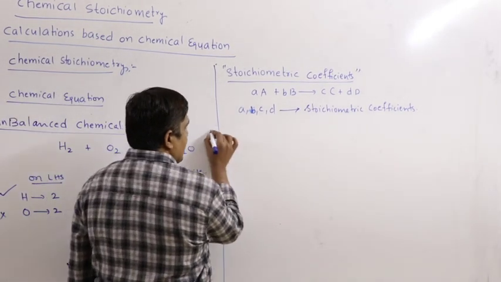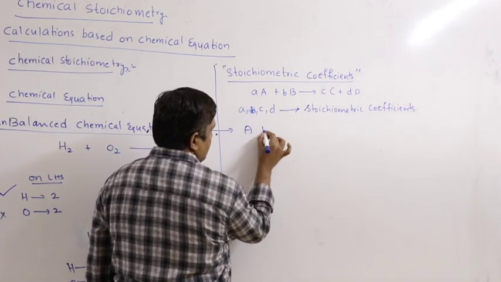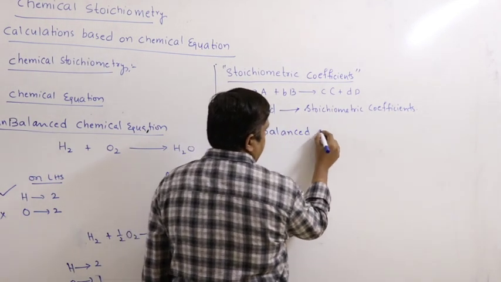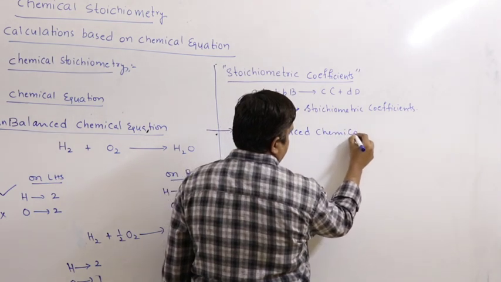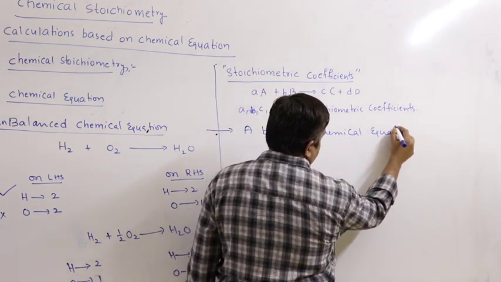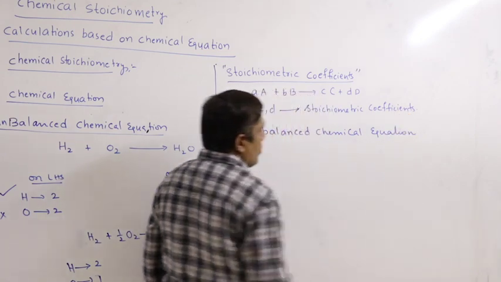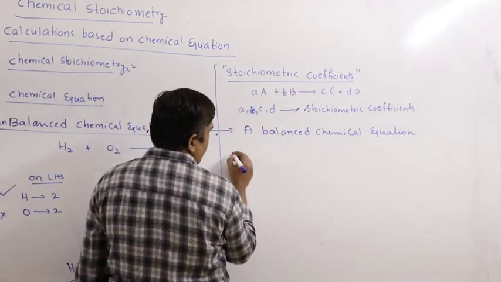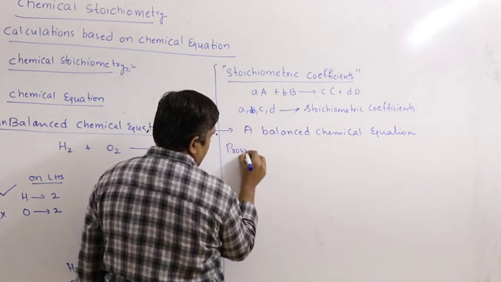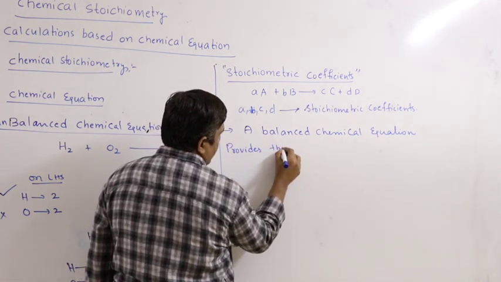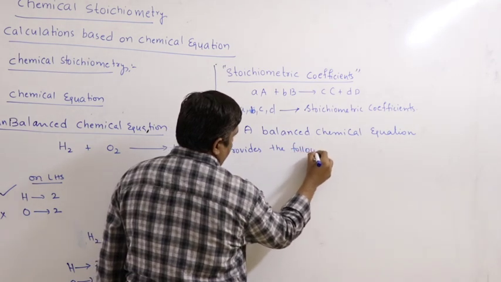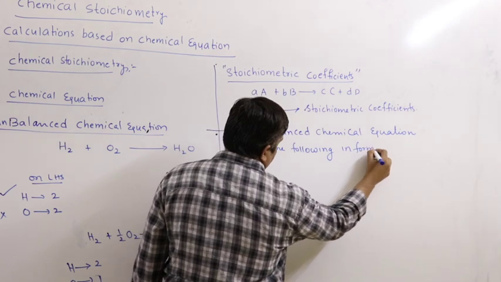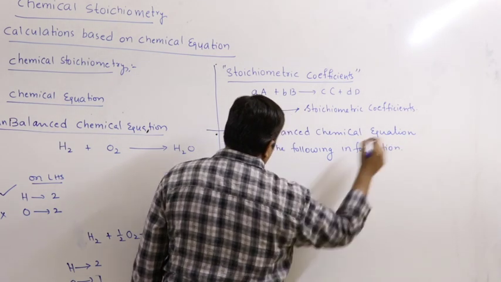So, a balanced chemical stoichiometric equation provides the following information. What are they?